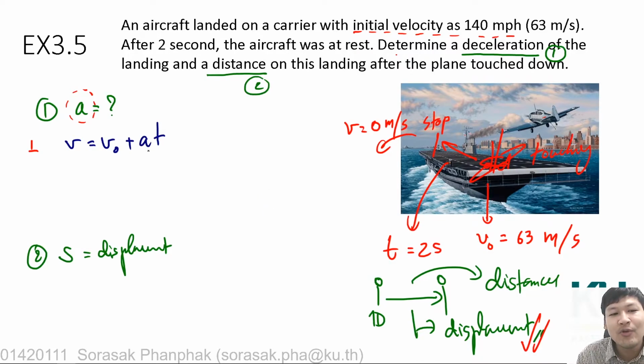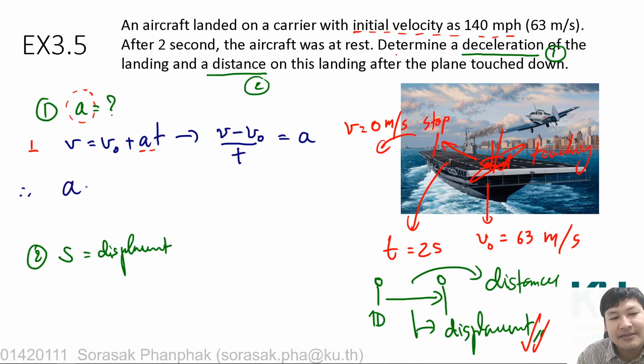So to determine A, you can rearrange the terms: V minus V0, and divide by T. So you get A.